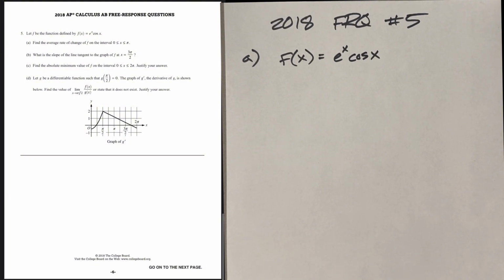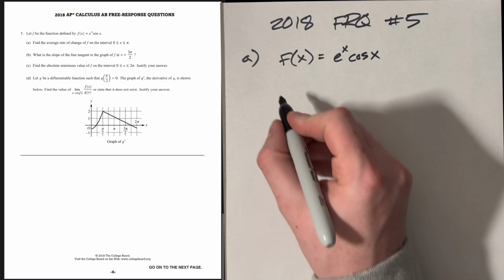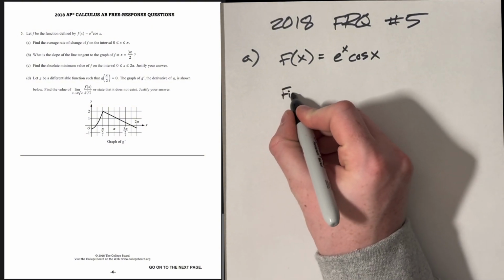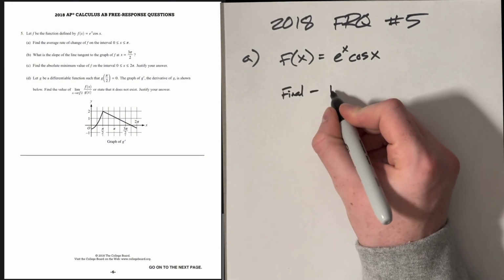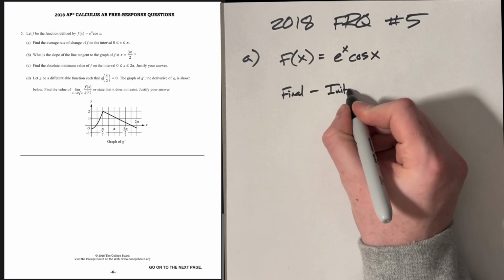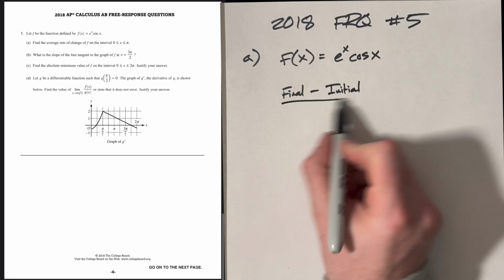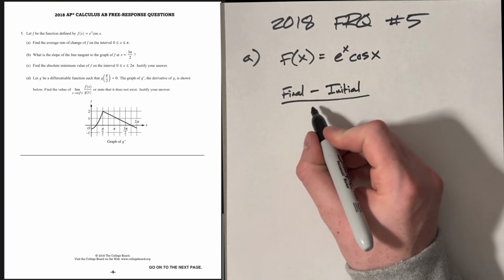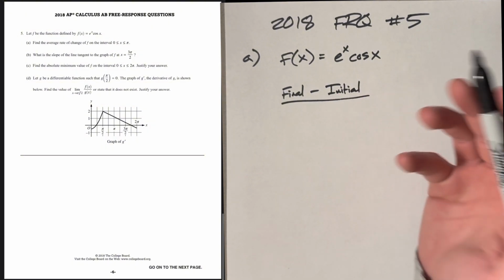Now we have to be careful. Average value and average rate of change are very different things. But average rate of change is just going to be our final value minus our initial value divided by our total distance traveled.